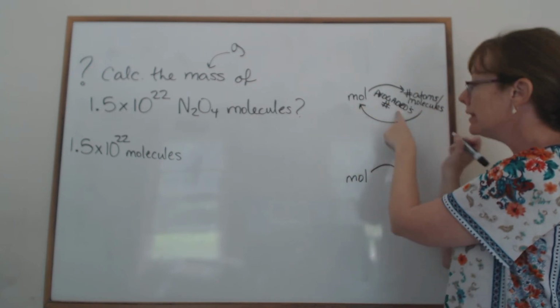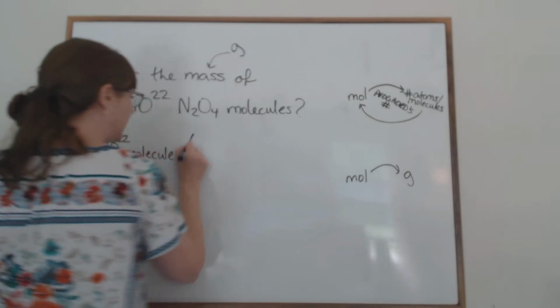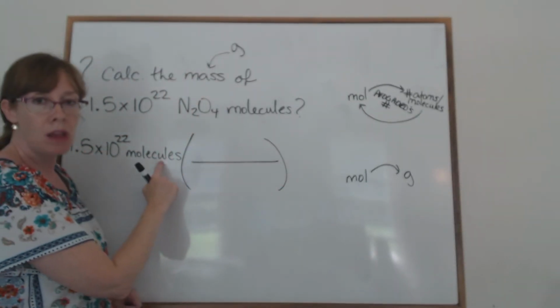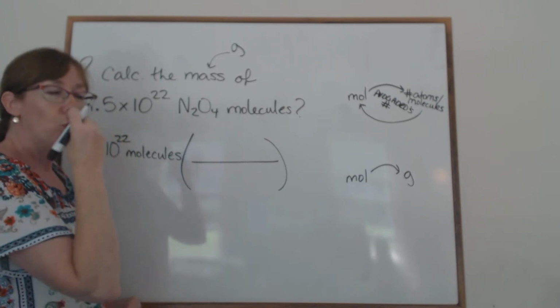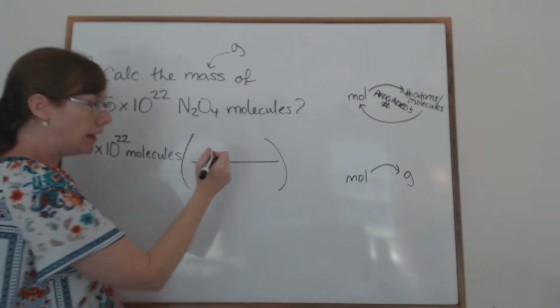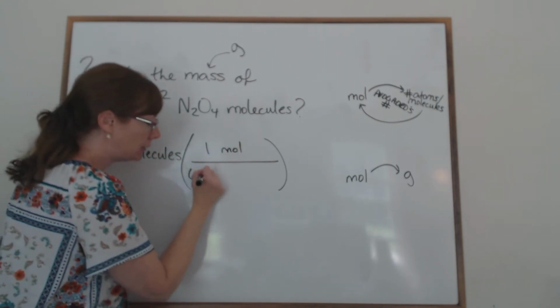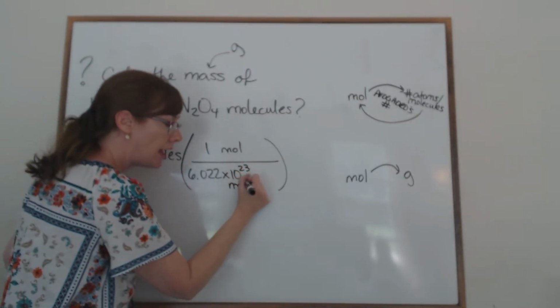And for that, same thing, you use Avogadro's number. But how will you write it this time? Well, you need molecules on the bottom. So you have to think to yourself, when she says Avogadro's number, what is she saying? What I'm saying is this sentence. In every 1 mole of anything, there are 6.022 times 10 to the 23rd molecules.